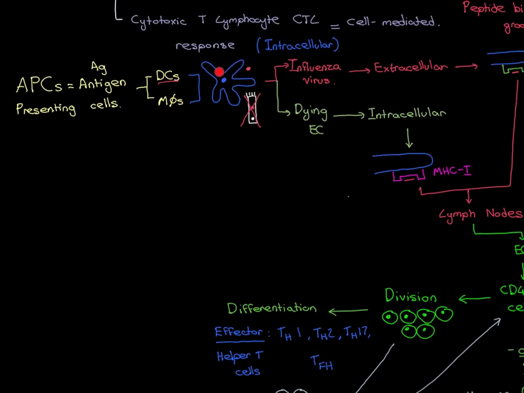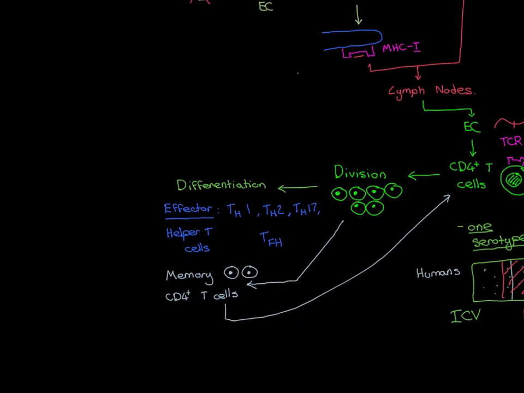The antigen-presenting cells will chop up its antigens, present them on MHC class II molecules, go to the lymph nodes, and then they can find these memory CD4 positive T cells that are directed against one of the peptide fragments of the influenza viral antigens.